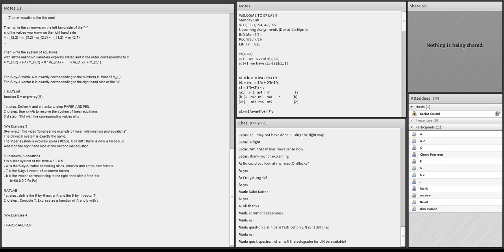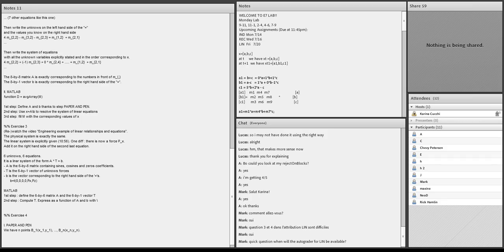So in this problem, you have n points, b1 to bn. Each point is characterized by coordinates: x1, y1, up to the point bn, which is characterized by the coordinates xn, yn.